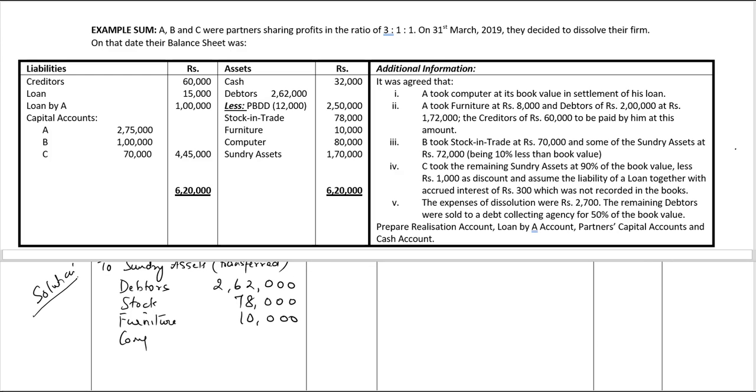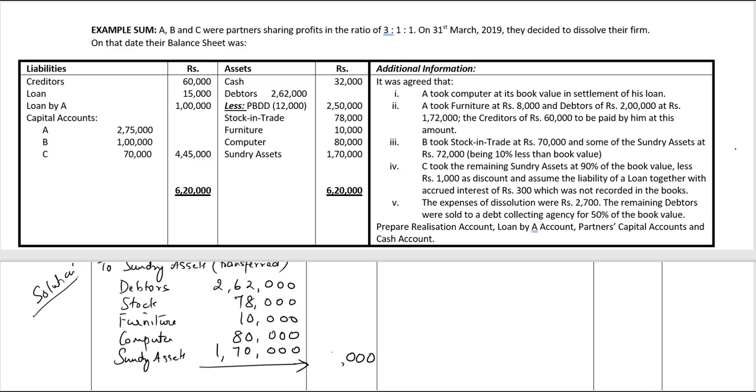Computer 80,000 rupees. And finally, sundry assets 1,70,000 rupees. The total of the assets transferred is 6 lakh rupees.